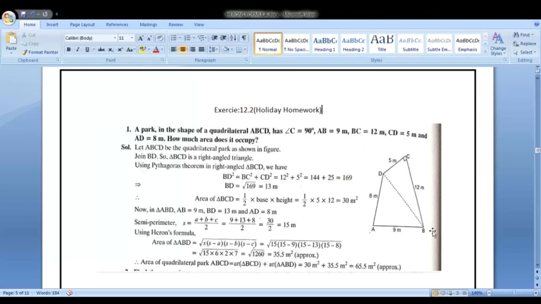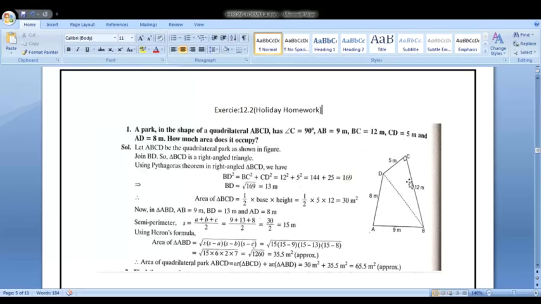Now, since it is not a definite quadrilateral, it's a particular shape. For example, if the quadrilateral was in the shape of a square, we could have used side into side. If it was a rectangle, and as per the measurements the opposite sides were equal, then we could have said it is a rectangle, so the area is length into breadth. But here it is not a particular definite shape.